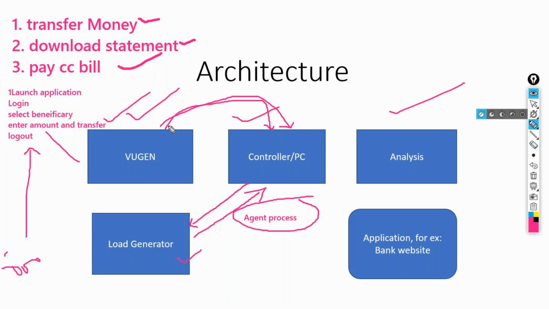Once we develop the scripts using Vuegen, we upload those scripts into the controller. When we trigger the execution, the controller will transfer the data to the load generator machine through the agent process. The data is bidirectional, coming and going between these components. And the actual execution happens here.